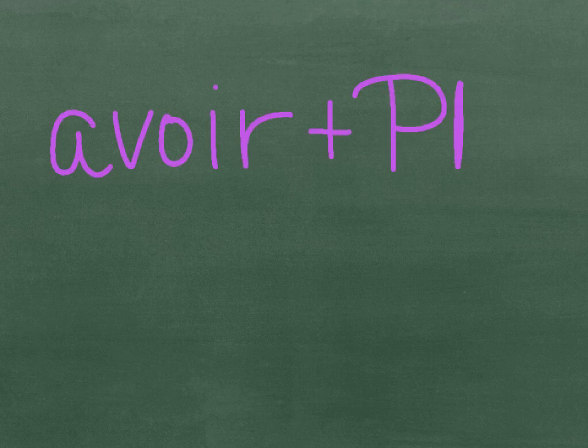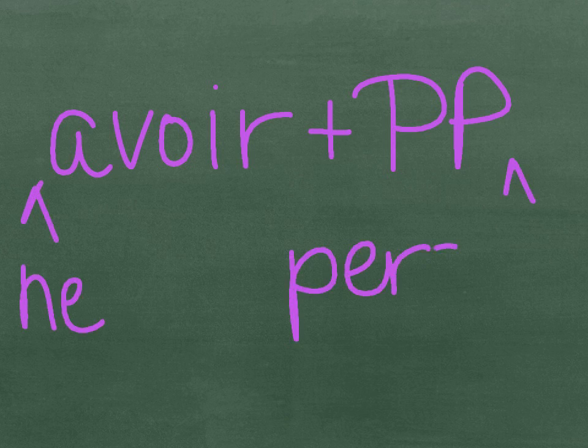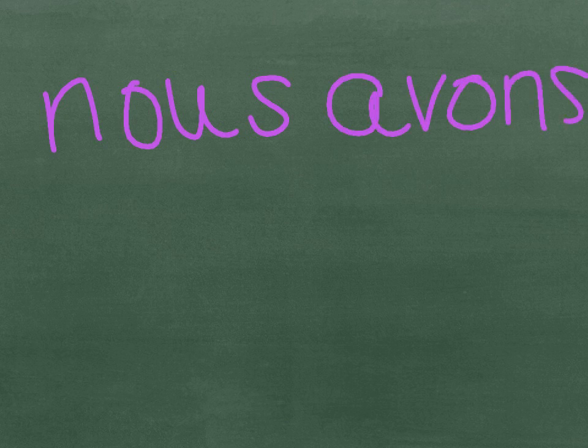Now let's come to ne personne. We already saw that ne personne goes around the whole part of the passé composé, both the form of avoir and our past participle. Let's say we wanted to say, we didn't see anyone. We saw, or we did see, is nous avons vu.